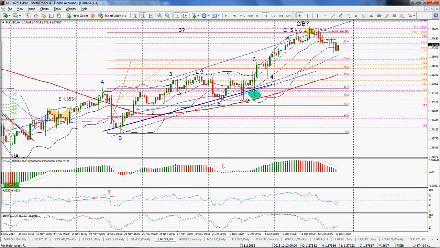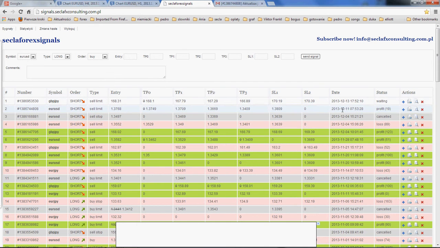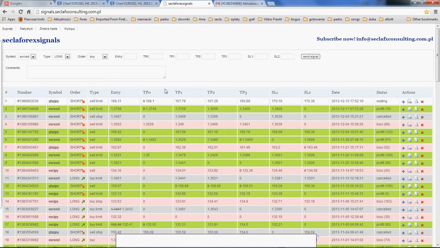Unfortunately, one of my trades was lost. Let me say a few words about that. The signal on December 11th. This signal from my side, and a couple of minutes later I sent an additional update for this signal, indicating that there will be a TP0 for this trade.